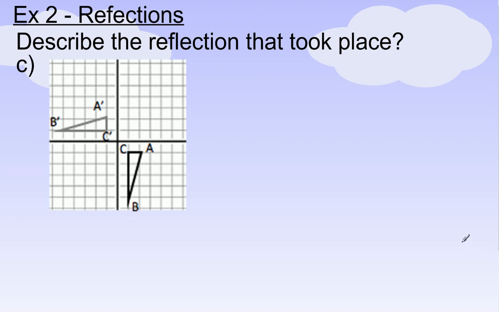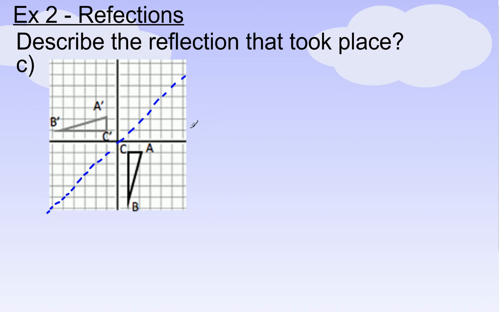So here, where would you have to fold this so that those two shapes would exactly match up? Folding it here won't work, folding it here won't work. But if you folded along this diagonal, the two points would match up.